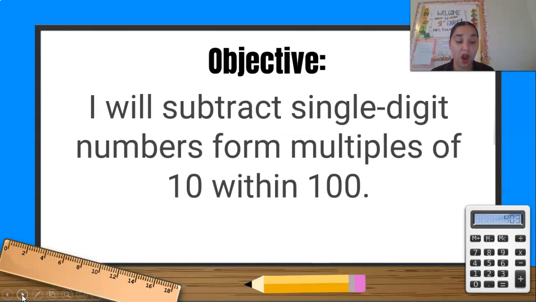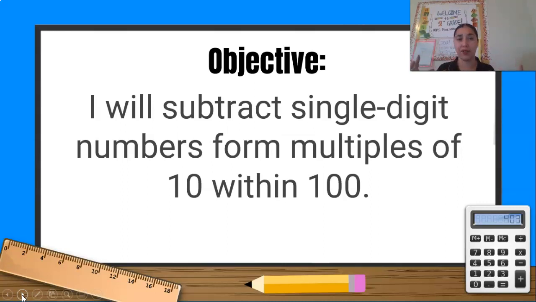All those are multiples of the number 10. And it's a multiple because you can see the pattern of the 0. And we're going to subtract. What does that mean? We're going to take away.